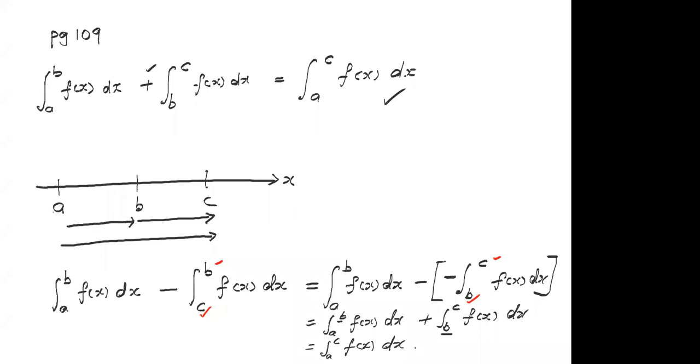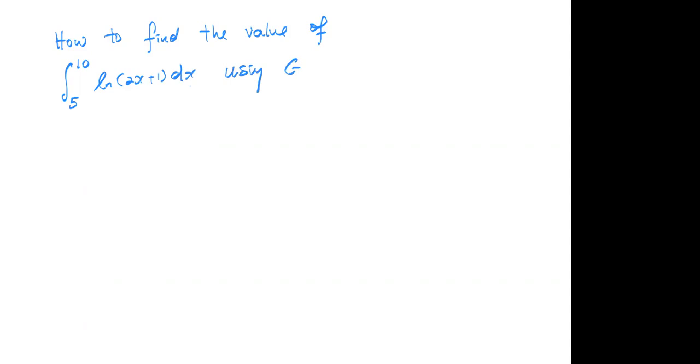Take out your graphic calculator. How to find the value? Like for example, I say integrate 5 to 10 of ln 2x plus 1 dx using GC.